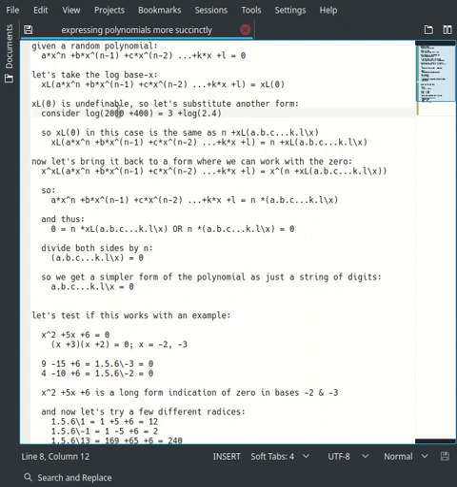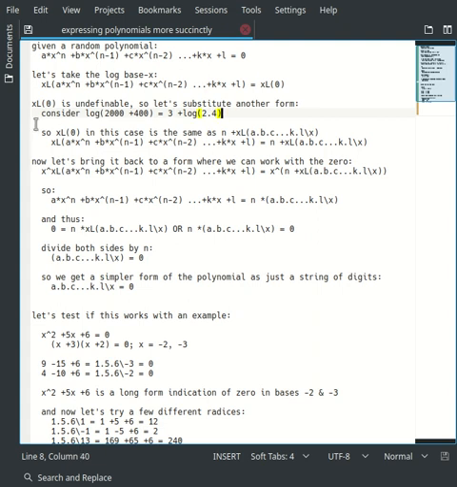Let's consider the fact that log base 10 of something like 2000 plus 400 is 3 point something. If we just had 1000, log base 10 of 1000 would be 3. So that's basically telling us what n is. That 3 is correlating to n. So log base 10 of 2000 plus 400 is the same as 3 plus log base 10 of 2.4.